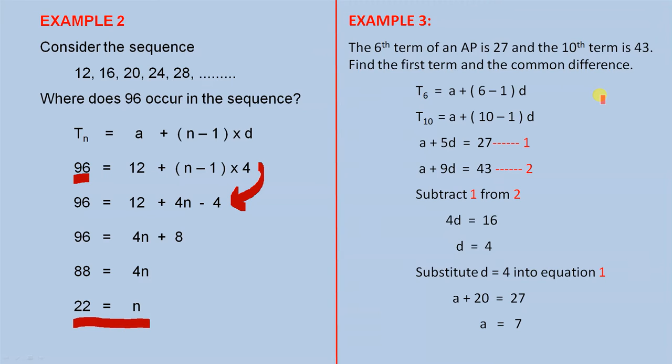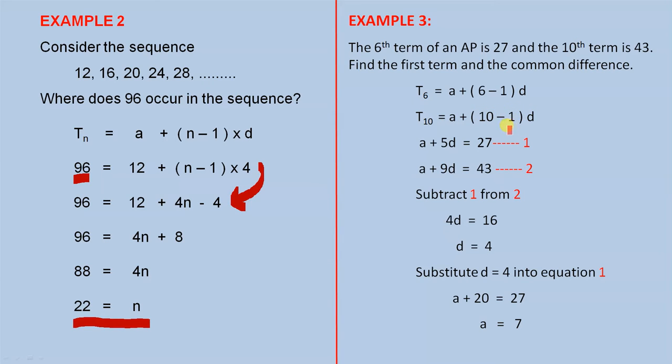Example 3. The 6th term of an AP is 27 and the 10th term is 43. Find the first term and the common difference. So we have to find a and d. So substituting into the formula, T6 equals a plus 6 minus 1 times d, and T10 equals a plus 10 minus 1 times d.